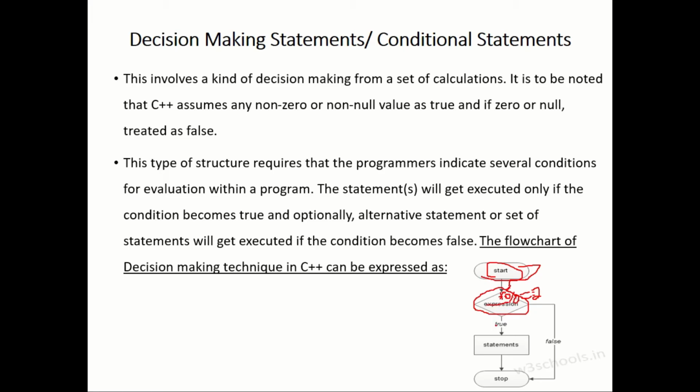If the condition is true, go the true way. If it is false, go in the false direction to another line. If it is true, execute the next required code, and each statement reaches the end of the program at this step.